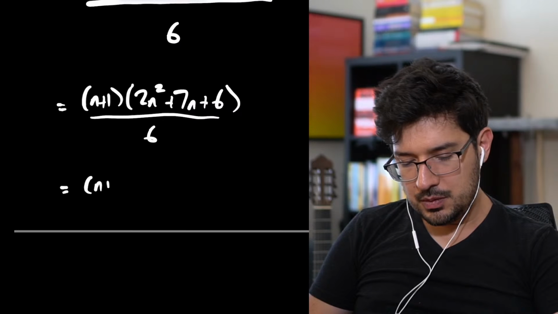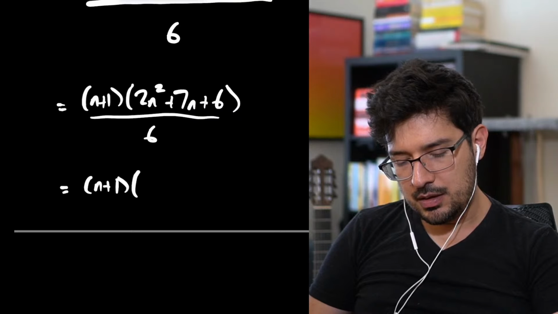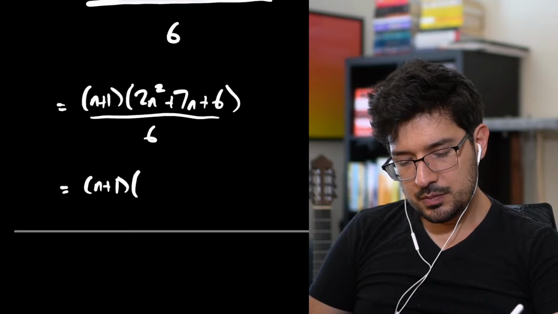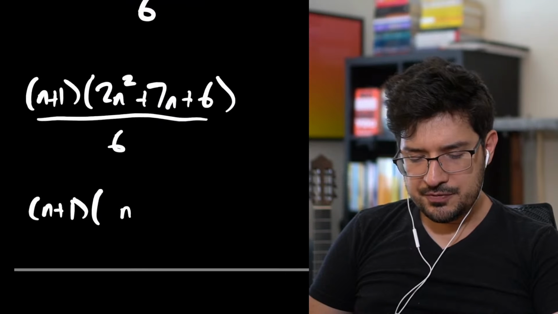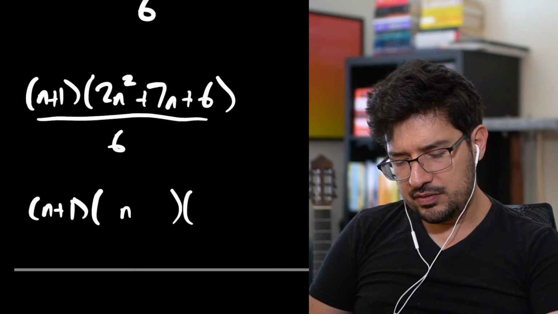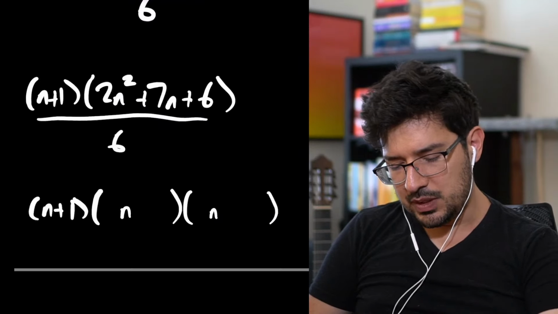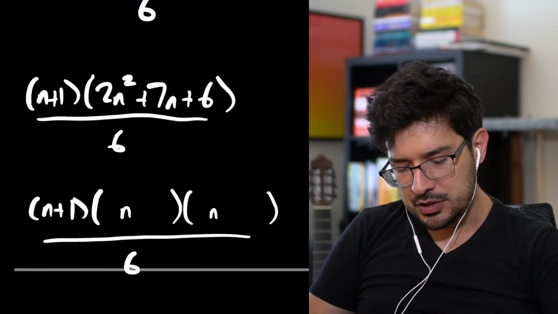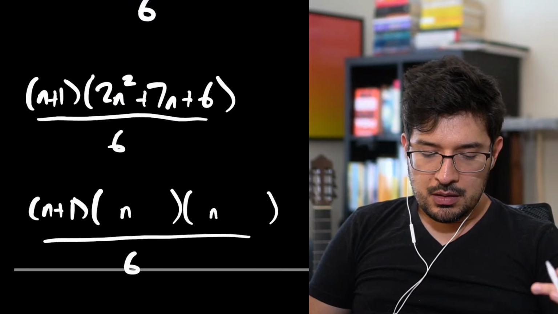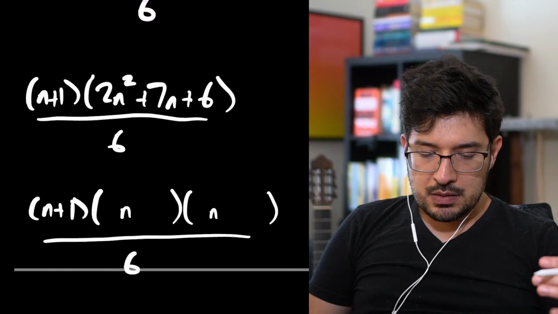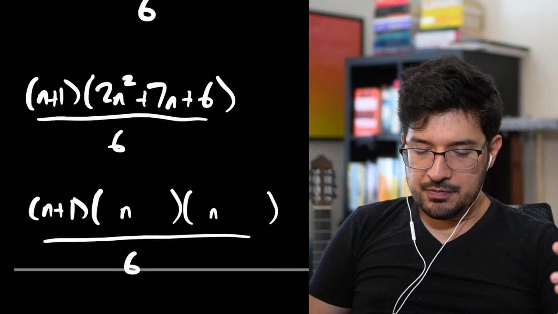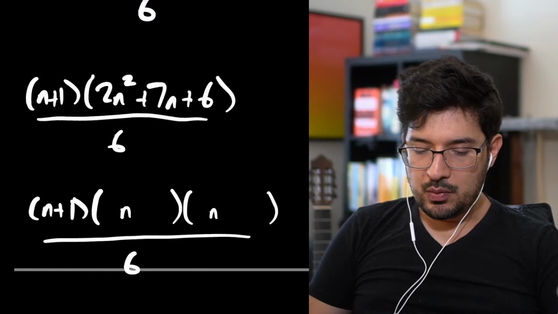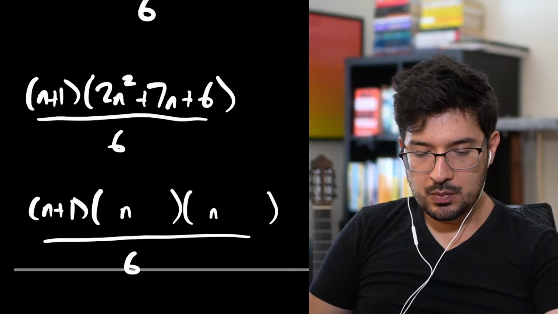If you remembered your factoring, let's practice factoring. As I said before, there's multiple ways to work this, and we could meet in the middle, like I mentioned before. But I want to show an example of how you factor something like 2n squared plus 7n plus 6.